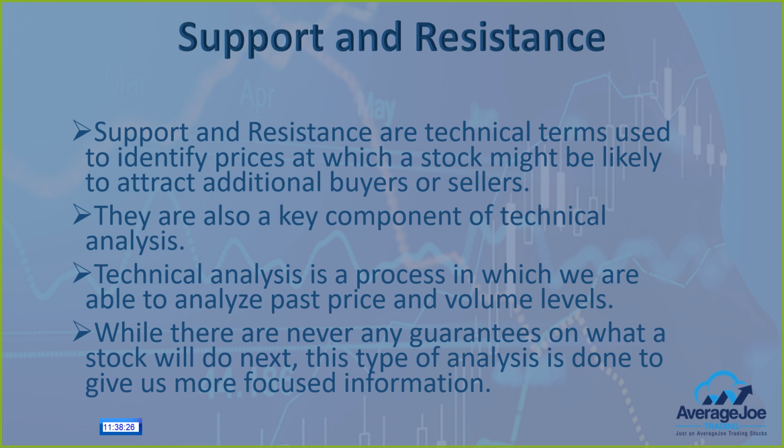While there are never any guarantees on what a stock's going to do next, this type of analysis is done to give us more focused information. Just like the option flow, just because it's stacked up one way doesn't mean it has to do that. It's more likely to do that, but it doesn't have to do that.